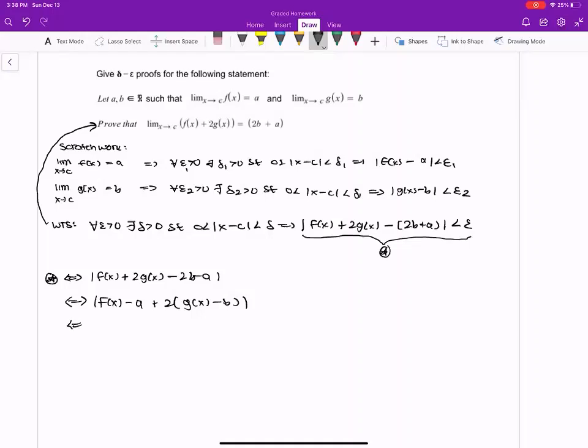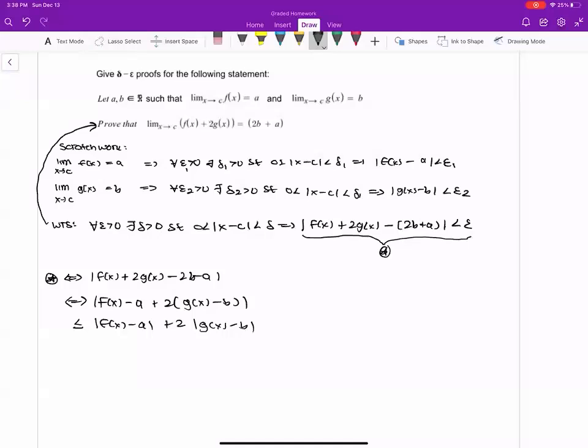Now you can split the absolute value, so that is less than or equal to absolute value f of x subtract a plus 2 times absolute value g of x subtract b.